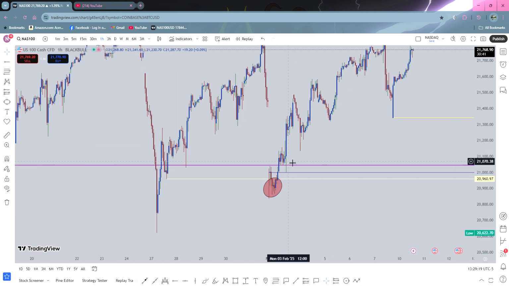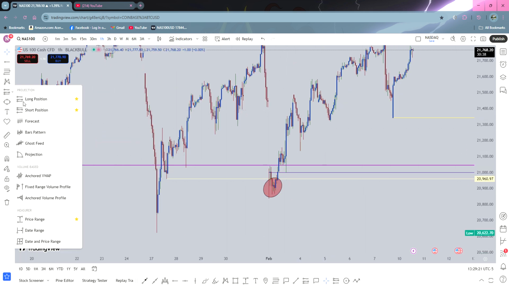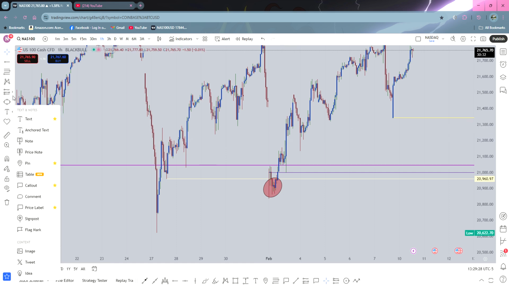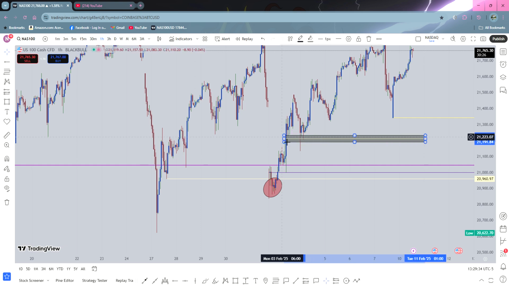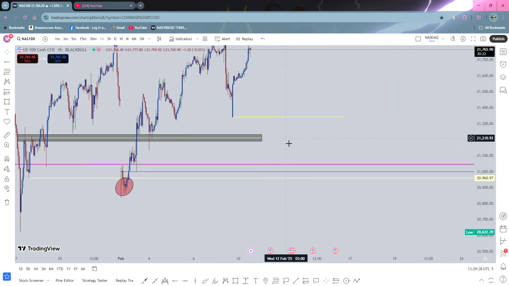So breaker blocks, how do you know where's the breaker? Well, we broke the structure, guys. So that's actually my breaker there. Alright, let me use this. Mark it like this. Good.